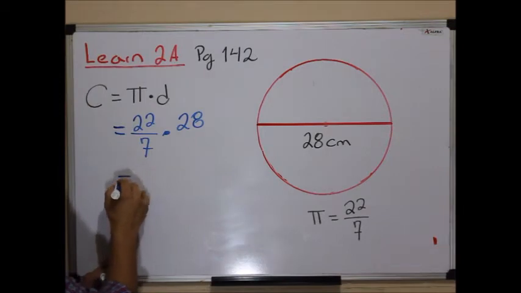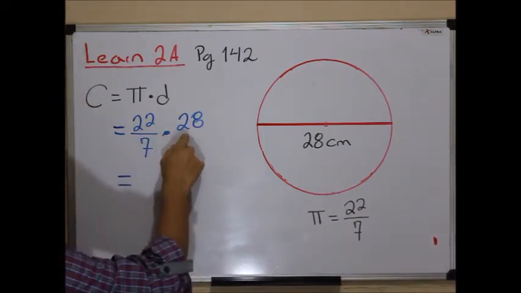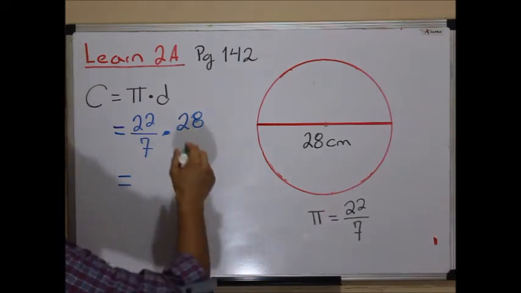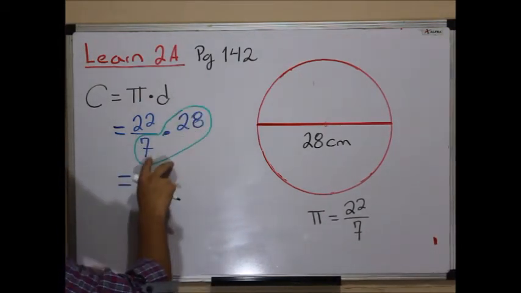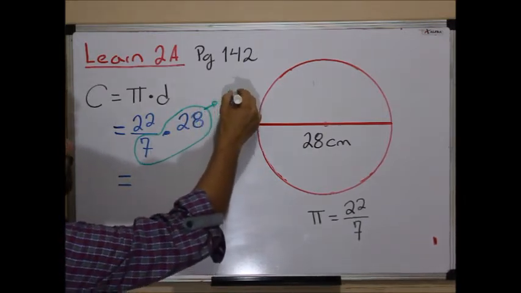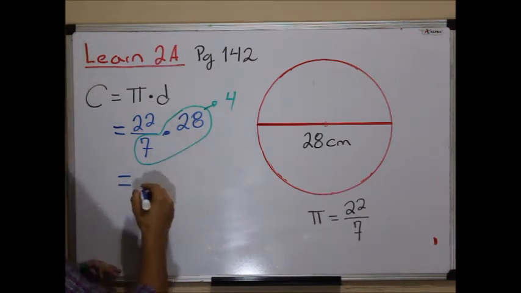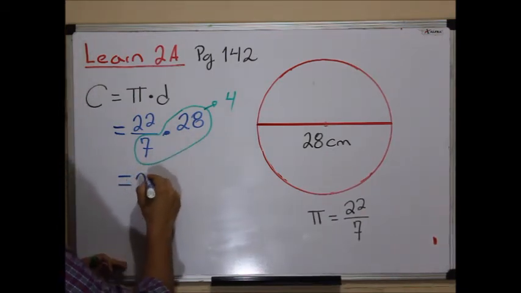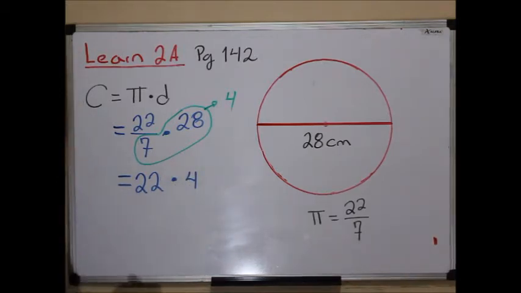So next, instead of multiplying 22 times 28, we're going to make a division. 28 divided by 7 will be equal to 4. So we're going to have here 22 times 4.